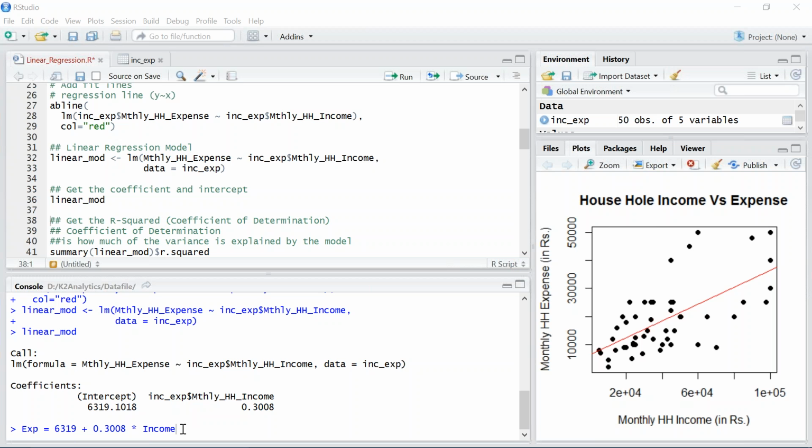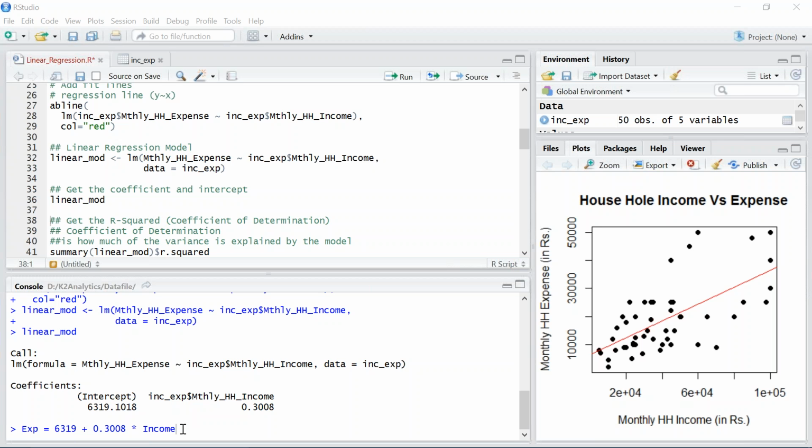What it is saying is that at bare minimum any household will spend about 6,319 rupees every month, irrespective of whether they have income or not. And that is a fact. For livelihood, some expense will always be there, irrespective of whether you have an income or not. This is what the intercept is saying.